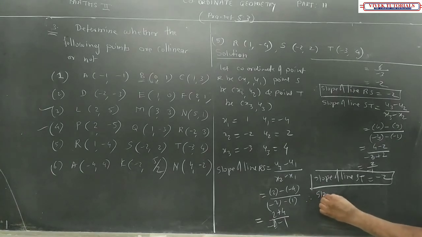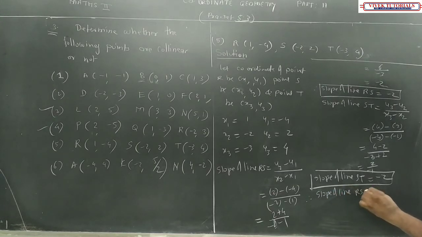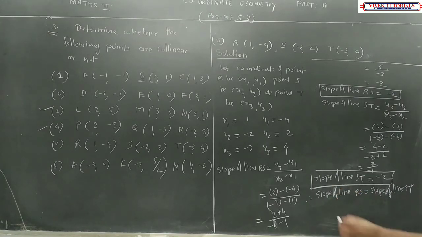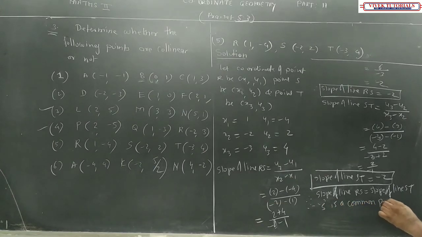Therefore, what can I write then? The slope of line RS is equal to the slope of line ST. Then we are going to write S is a common point. S is the common point.